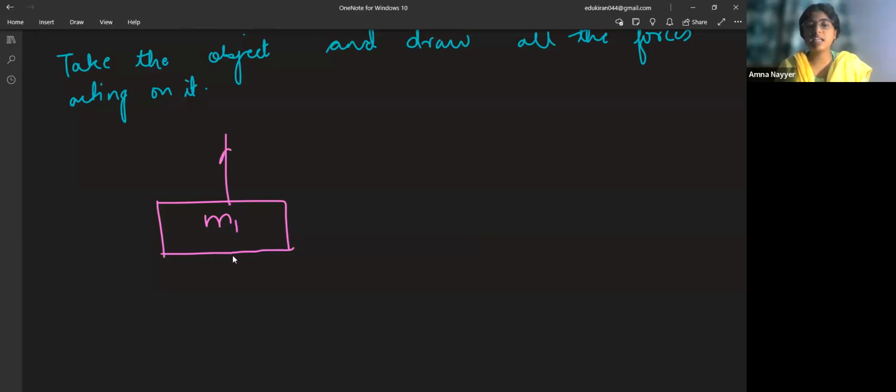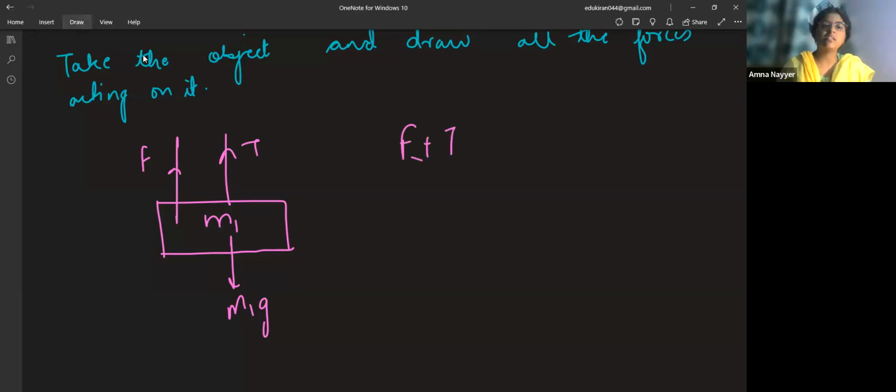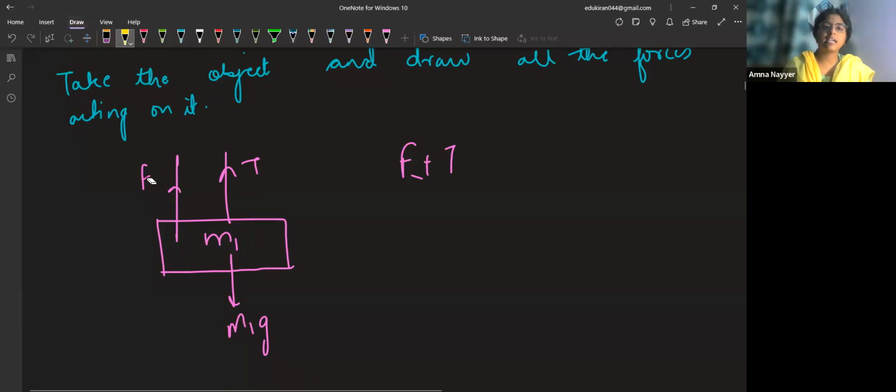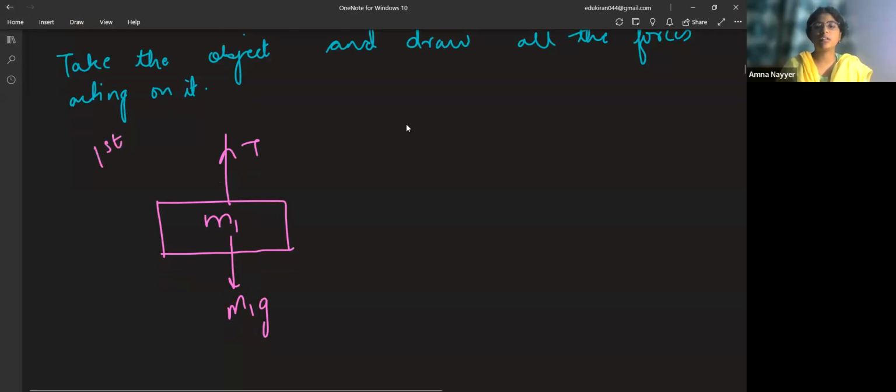This is tension acting. This is M1g acting. This is the FBD of block 1. If one more force was acting, say F, the FBD would look like this, and the net force upwards will be F plus T. But since nothing is acting right now, I won't draw it. This is the first block.